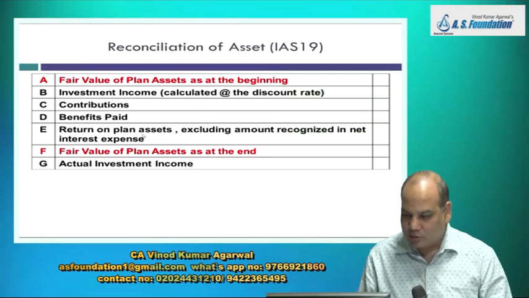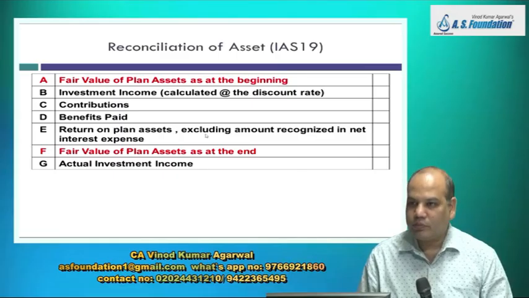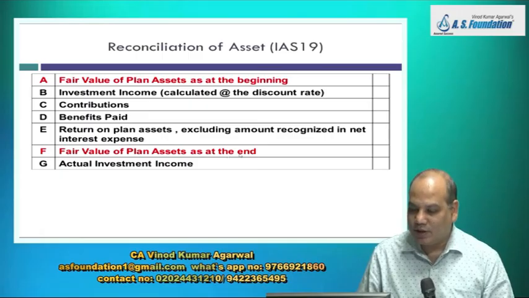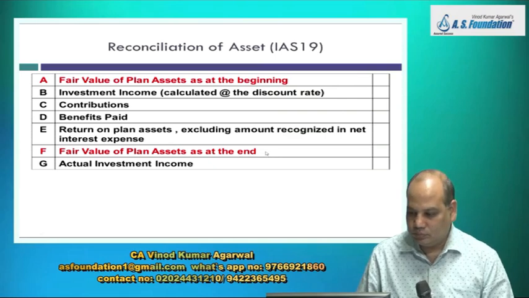So this amount is the return on plan asset minus this investment income. Yes, this goes into that OCI. So OCI plus this is the total return on plan asset. And therefore write down fair value of plan asset as at the end. So these are the disclosures, and you have to also disclose actual investment income.